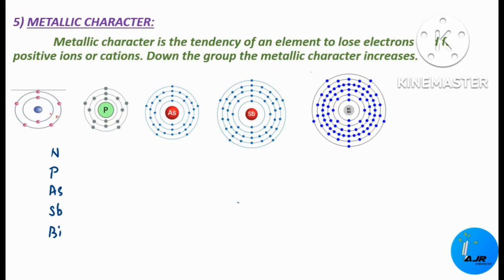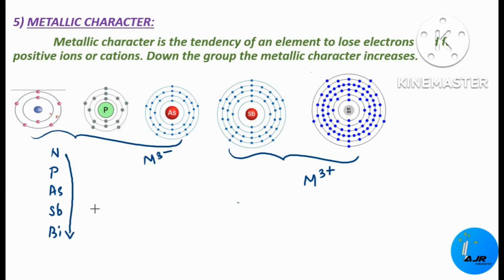I told you earlier, these two can easily form M3 plus ions, whereas these three can form M3 minus. So moving from top to bottom, the metallic character, that is the electropositive character, increases. That means it can easily give away the outermost electrons.